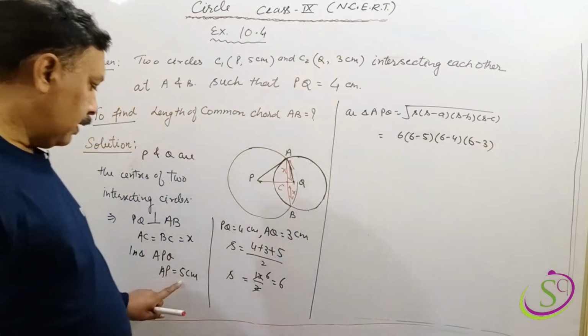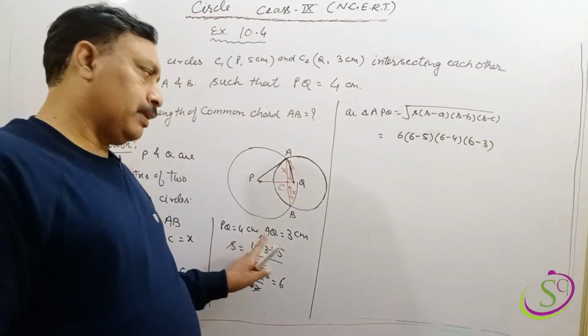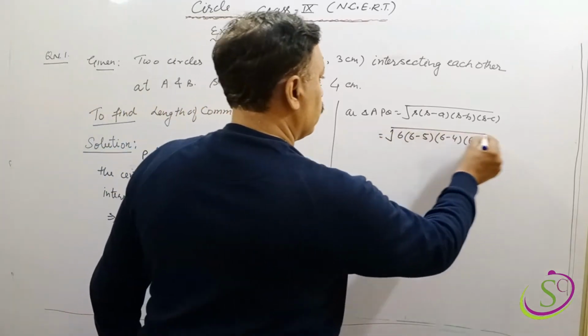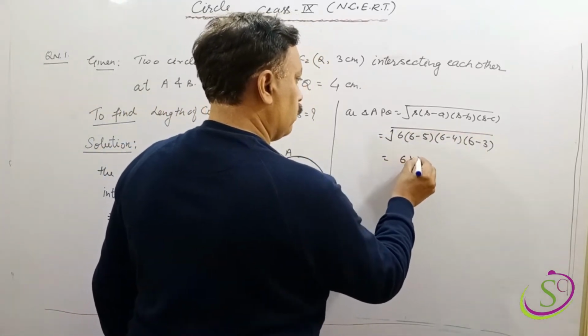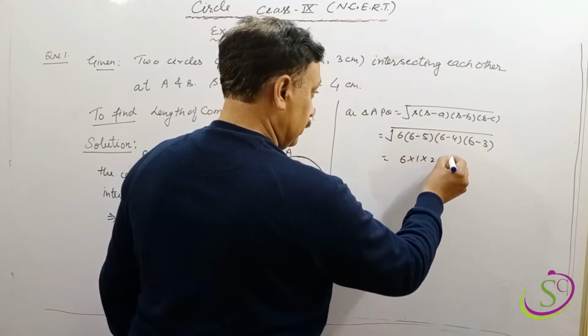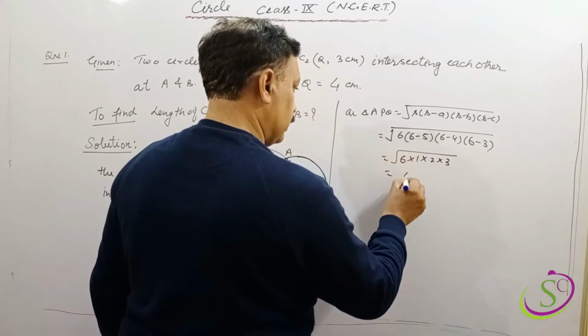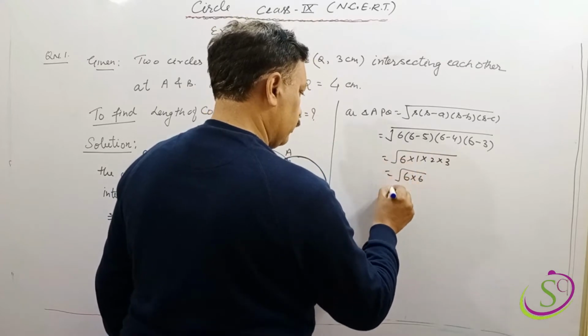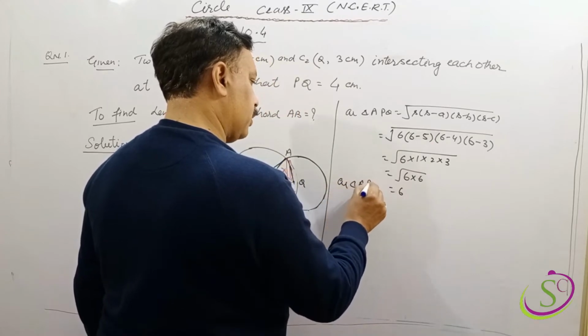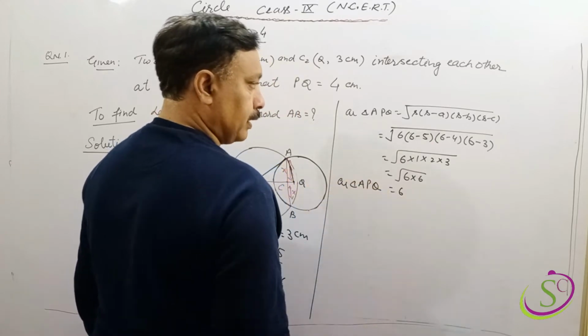See, one side is 5 centimeter, other is 4 centimeter, and third is 3 centimeter, and square root of this. So 6 into 1 into 6 minus 4 is 2, 6 minus 3 is 3. So here 6 into 6 and that is 6. So area of triangle APQ is 6.